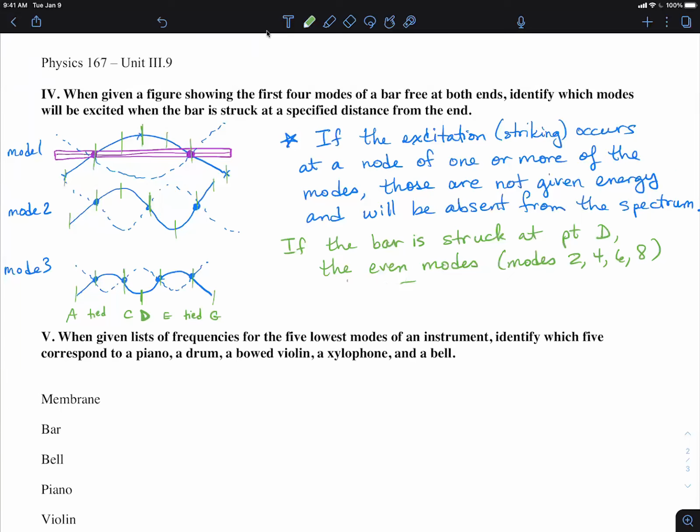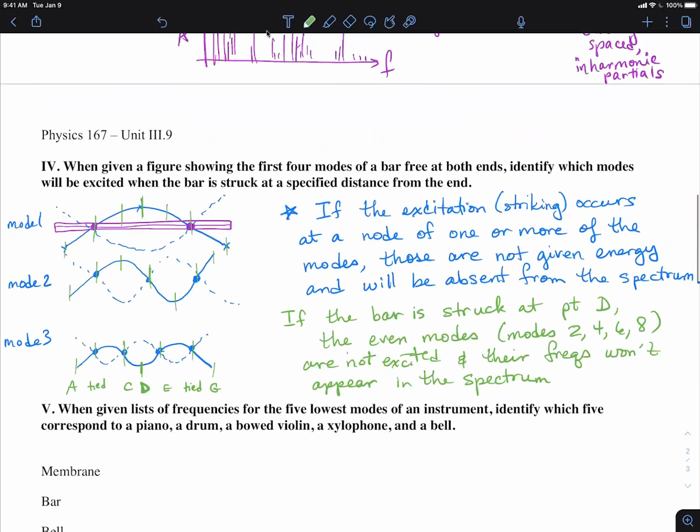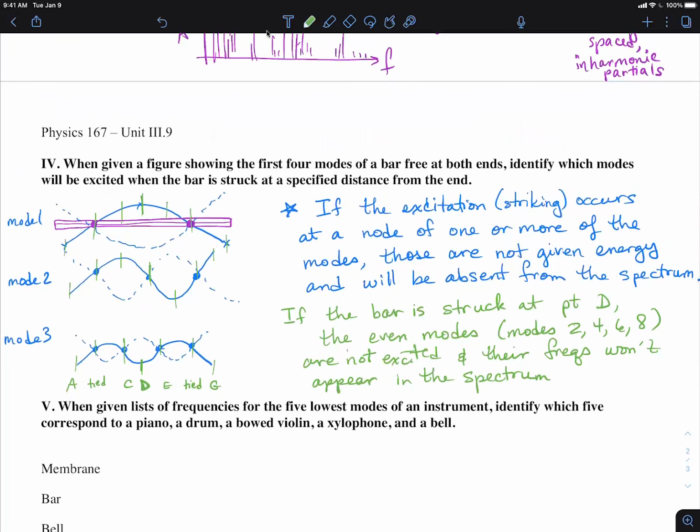The even modes are not excited, and their frequencies won't appear in the spectrum. That's the thing. Whereas if it was struck at point C or E, say here or here, then mode 3 would not, because mode 3 has nodes there, but mode 1 and 2 do not.